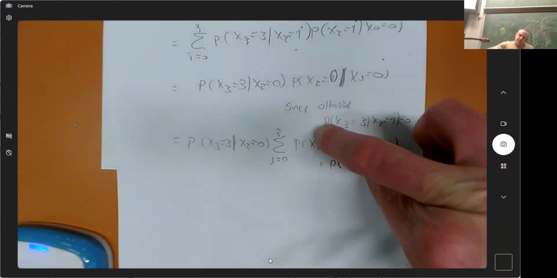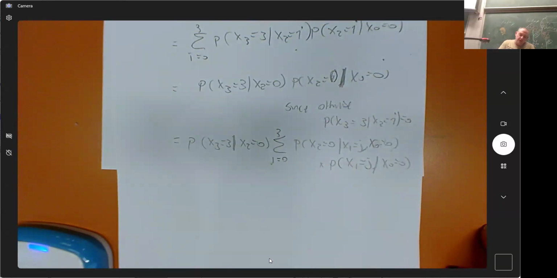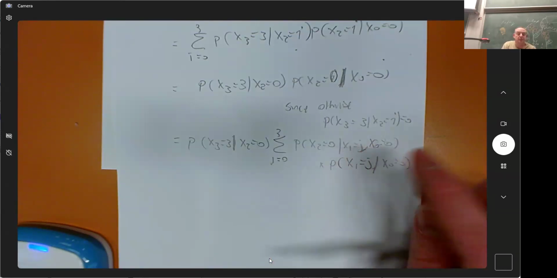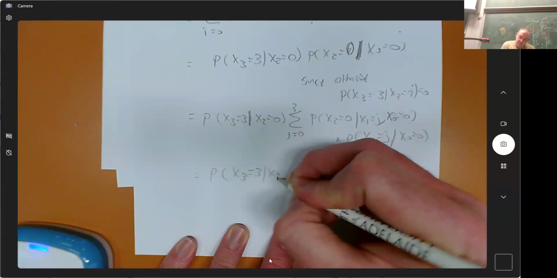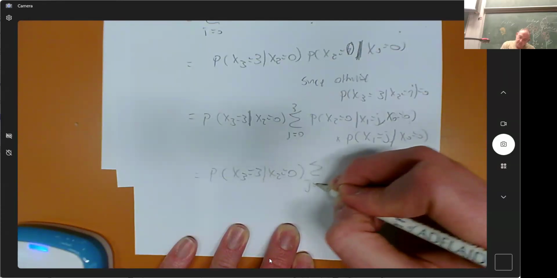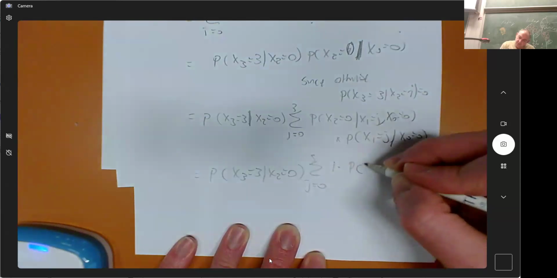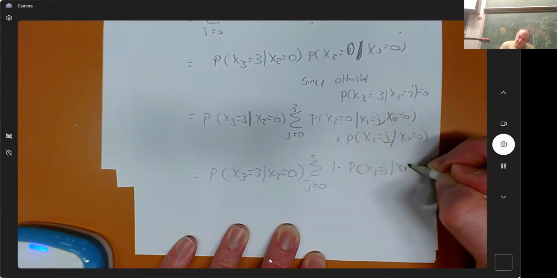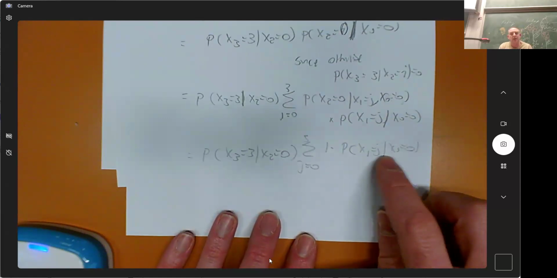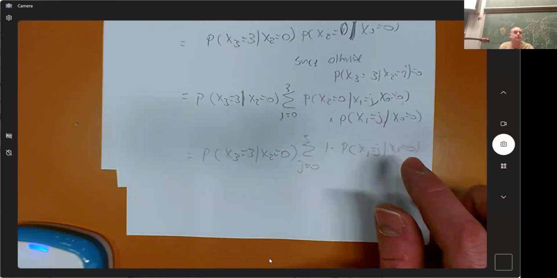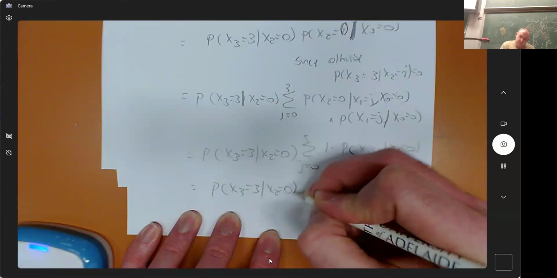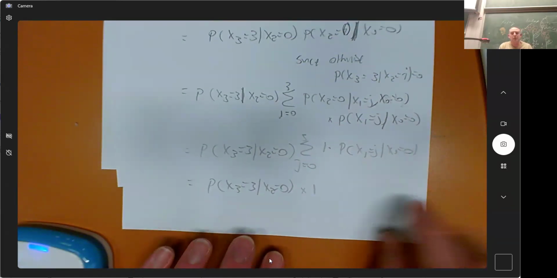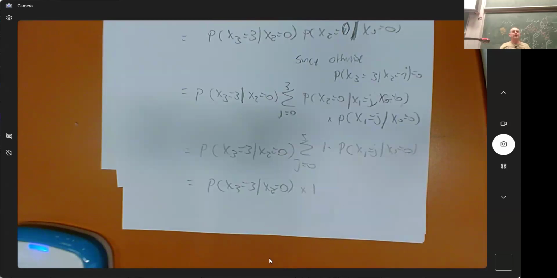And then that one is 0. That one is 1. They're all 1, right? One times P(x1 = j | x0 = 0). And if you're adding up all of the probabilities of coming out of x0, then they add up to 1, because these are all the probabilities that came out of x0, so they must add to 1.